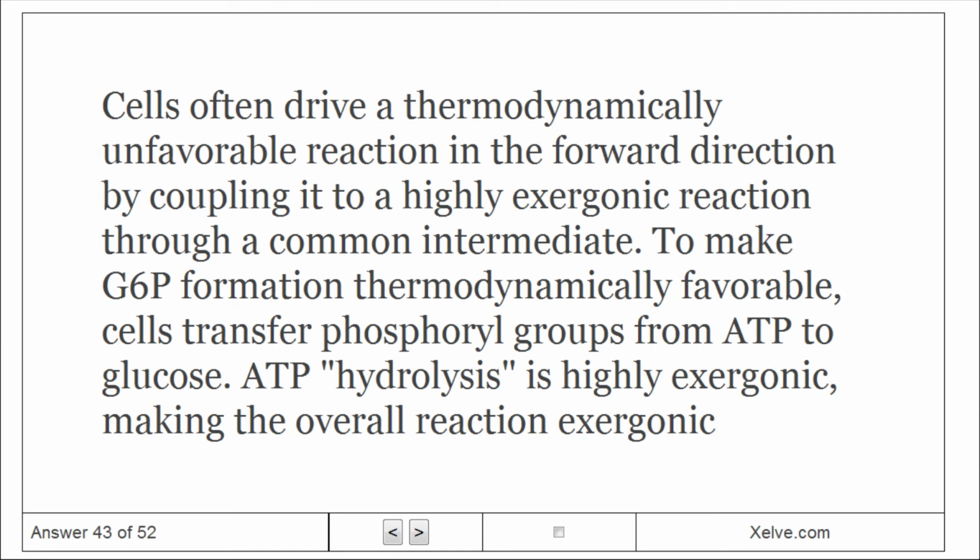To make G6P formation thermodynamically favorable, cells transfer phosphoryl groups from ATP to glucose. ATP hydrolysis is highly exergonic, making the overall reaction exergonic.